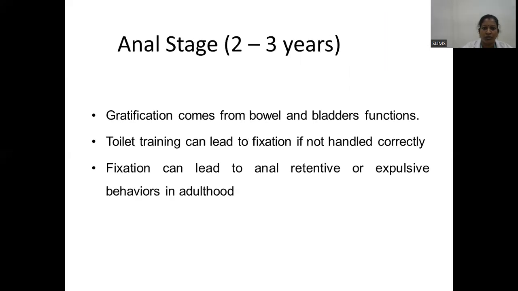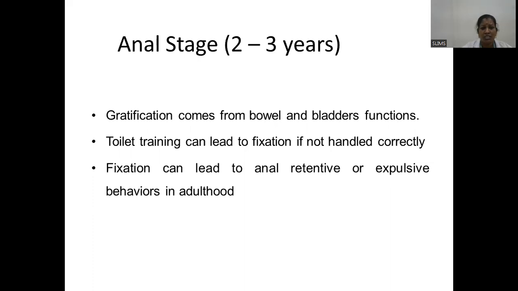Anal stage, that is ages between 2 to 3 years. Gratification comes from bowel and bladder functions. Toilet training can lead to fixations if not handled correctly.